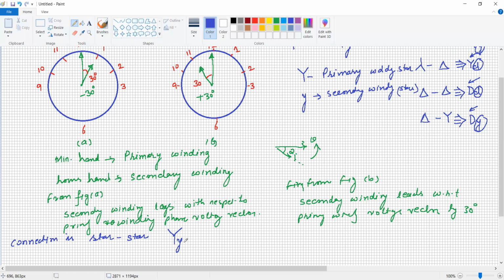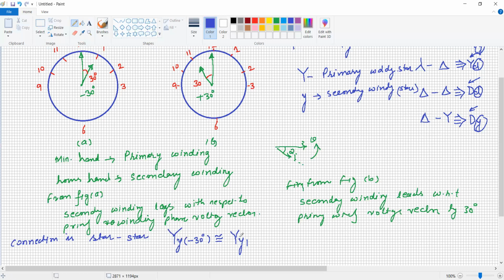And the third numerical value, this numerical value is minus 30 degree, isn't it? Therefore, this is represented as a vector group. So it is a Y, and what is the time? It is 1. So instead of minus 30 degree, it is a 1 value. So this is the vector group of Y connection transformer.